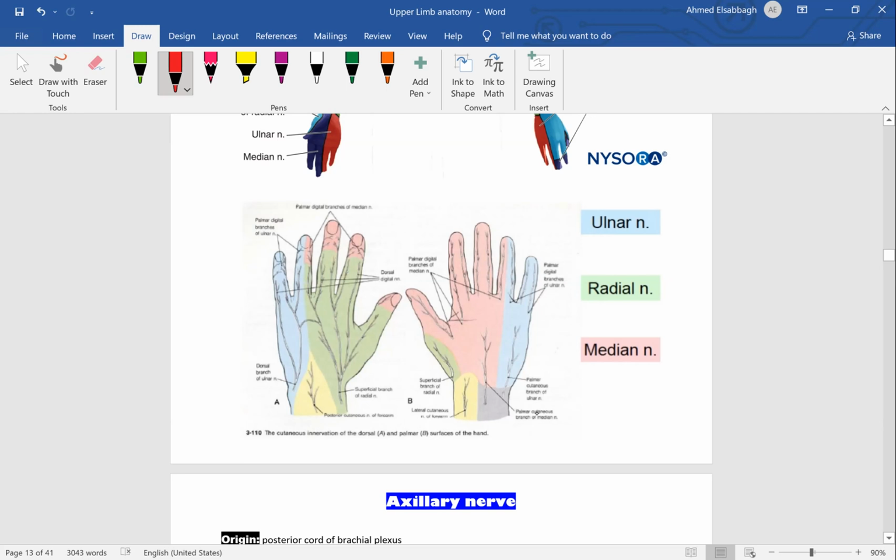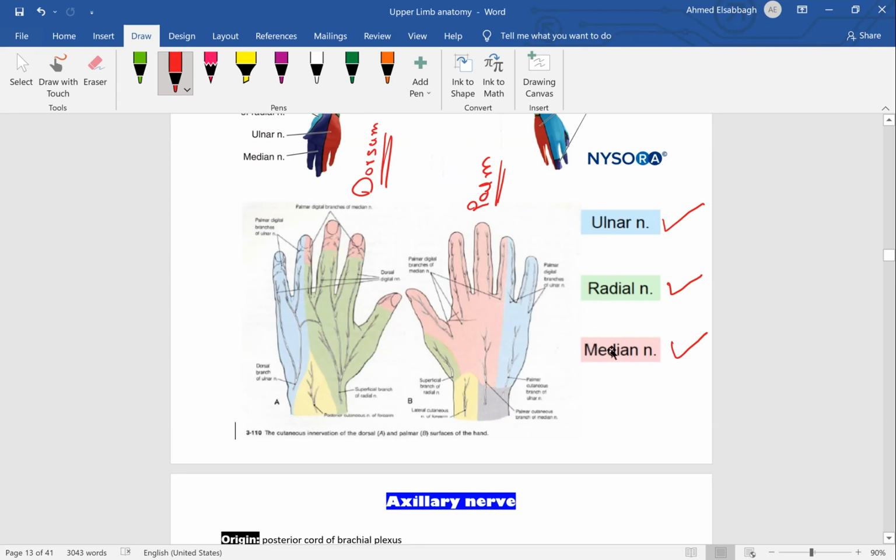They are median, radial, and ulnar. This is the ventral part of the hand, or the palm of the hand, and this is the dorsum of the hand. So this is the palm, and this is the dorsum. Excellent.